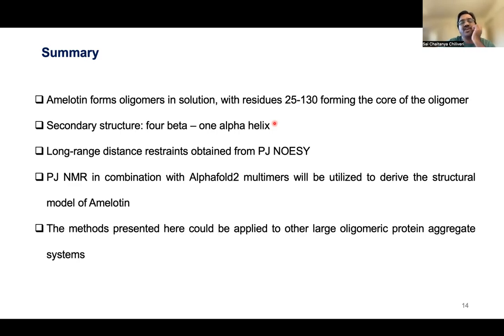The pressure jump NOESY experiments in combination with AlphaFold multimers will now be utilized to derive the structural model of amelotin. More importantly, the methods that we demonstrated here could be applied to other large oligomeric aggregated systems such as A-beta or other amyloidogenic proteins.